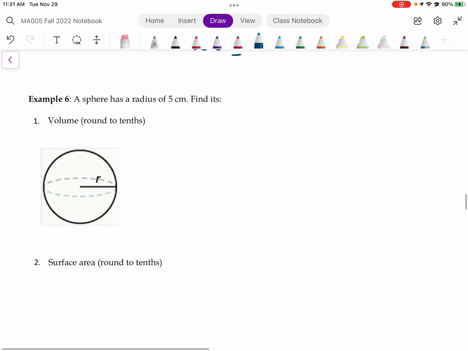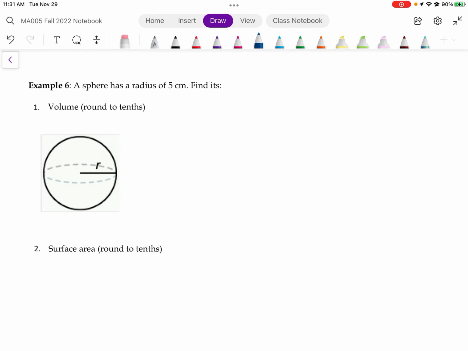All right, you can try another one if you'd like. Okay, so the volume, this one has a radius of 5 centimeters. And so the volume is going to be 4, again, write the formula down every time just to keep you from messing up. And you get 4/3. I'm going to use 3.14. You can use the pi button if you'd like.